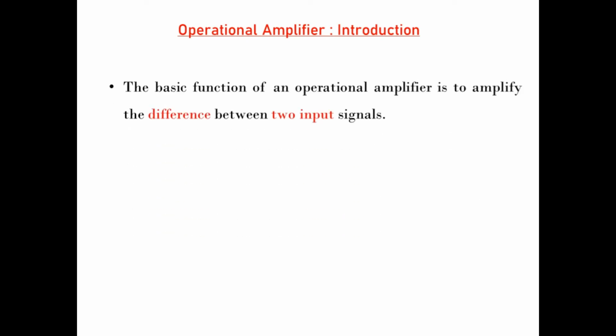The basic function of an operational amplifier is to amplify the difference between two input signals. An operational amplifier has two inputs and one output terminal. Whenever you apply input signals, it amplifies the difference between the two input signals.